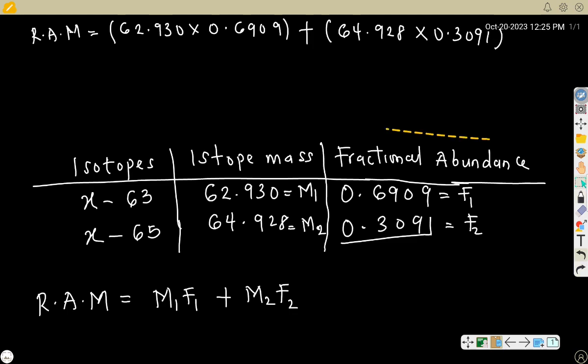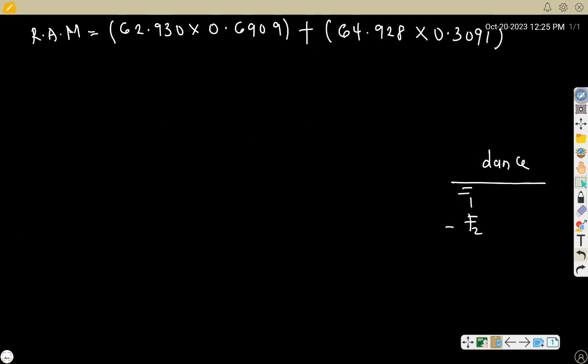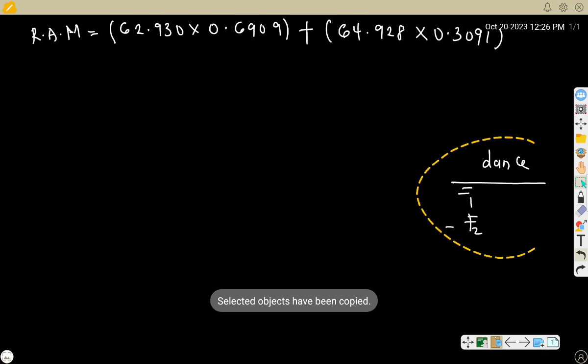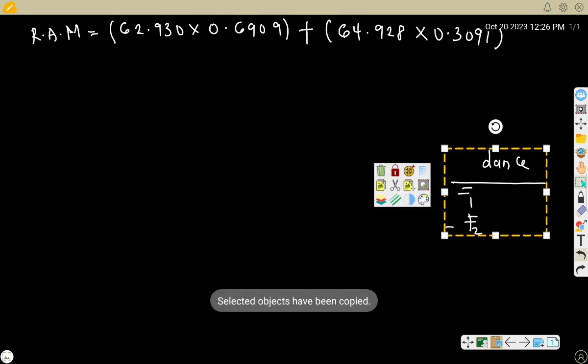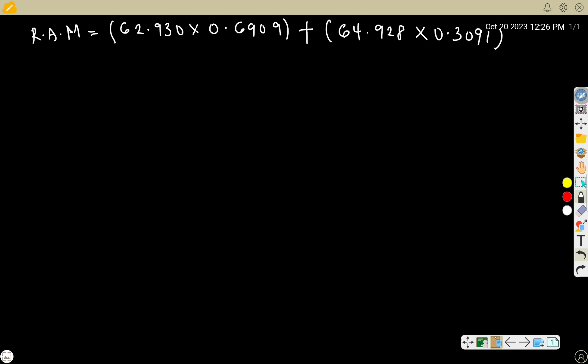What you need now is to press your calculator. 62.930 times 0.6909 gives 43.478.